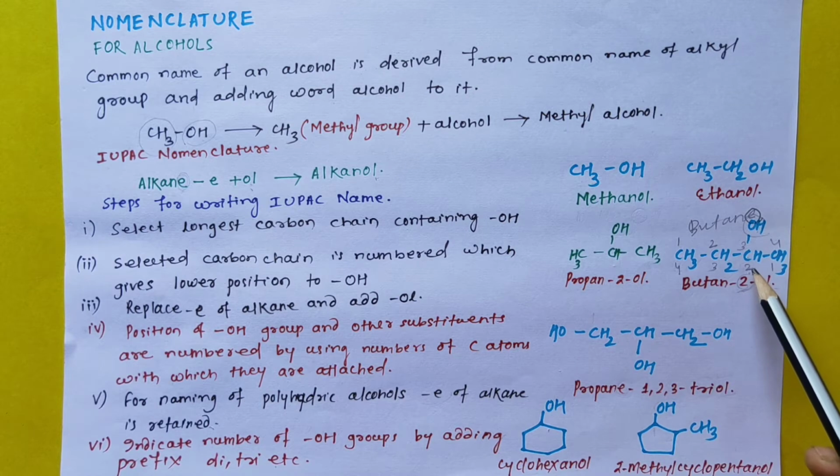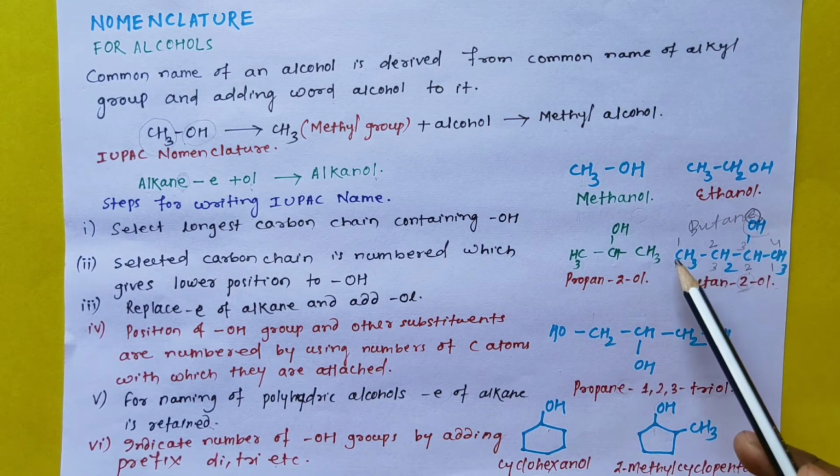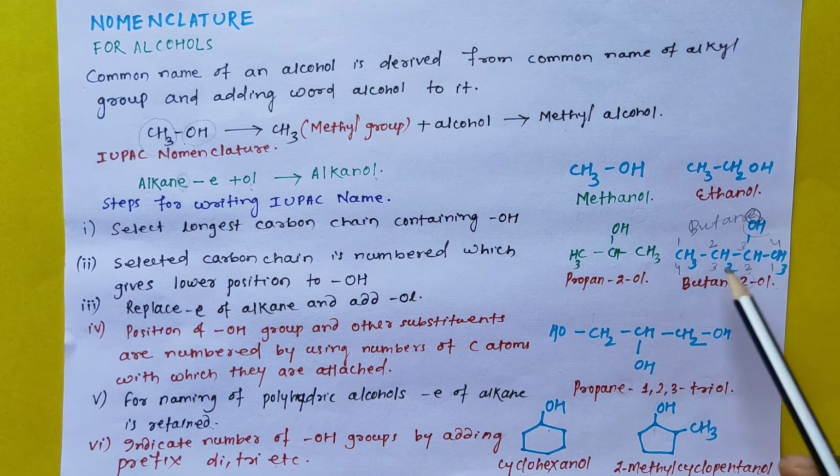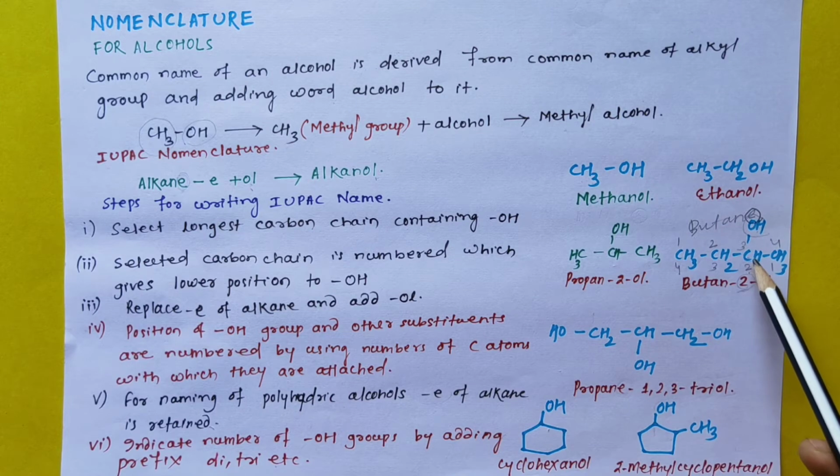Whenever we discuss aldehydes and ketones, we will get clarity regarding that concept. But in the case of OH, we have to number from whichever side gives the minimum position to OH. It is not mandatory to give number 1 to this carbon. It's not always correct.